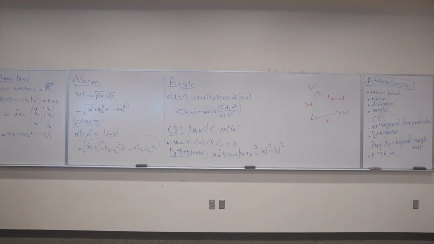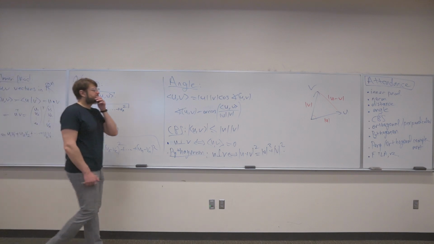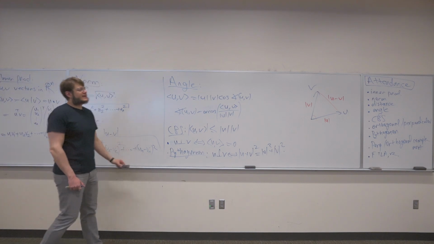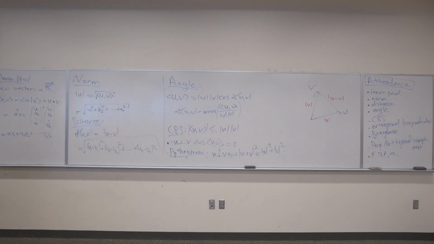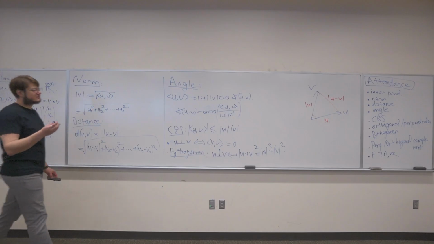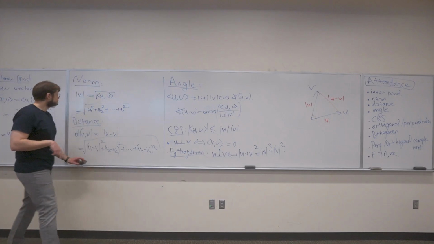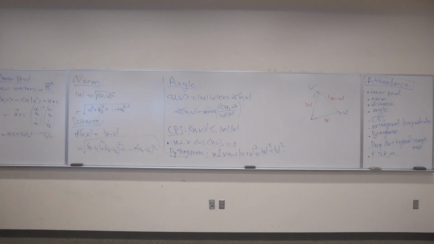Okay. Now, I want to go back to this example I was doing on Wednesday. What I did was this. I looked at E1 on the plane, so (1, 0). That's a unit vector. Its norm is 1. So maybe I should add it here.